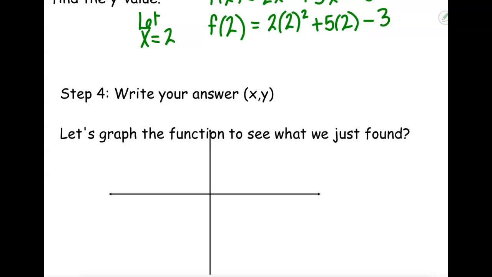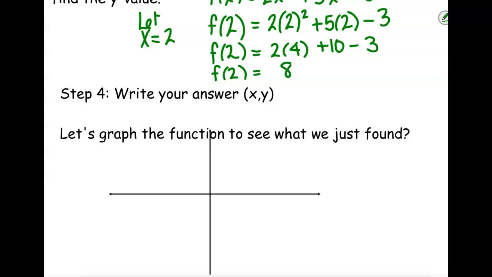All right, so f of 2. So 2 squared is 4. 5 times 2 is 10 minus 3. f of 2 is 8 plus 10 minus 3. Simplify that. 18 minus 3 is 15.